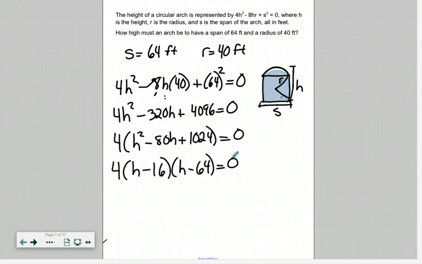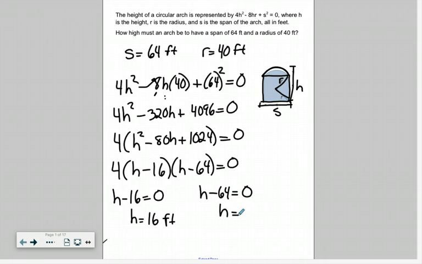Right? And again, now that we have things that are being multiplied together to give me a product of 0, we know that one of those factors must be 0. So either h minus 16 is 0, meaning that the height of this arch is equal to 16 feet, or h minus 64 is equal to 0, h equaling 64 feet, right?